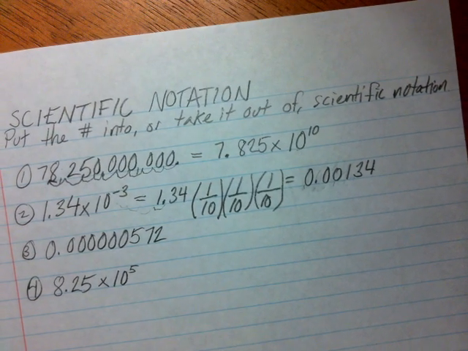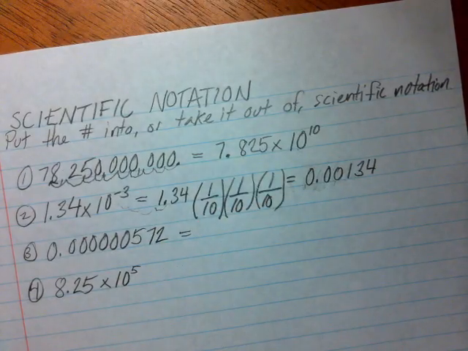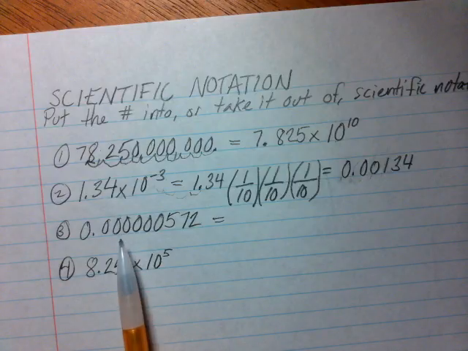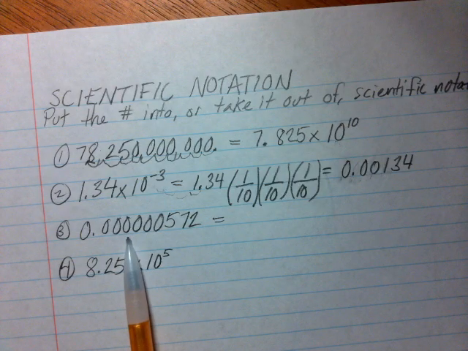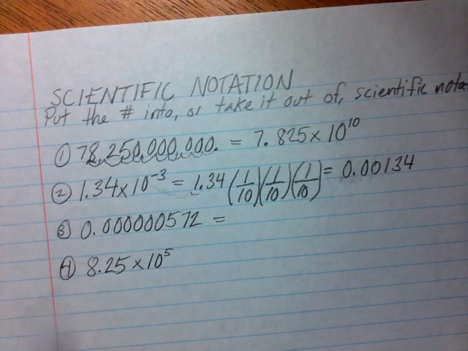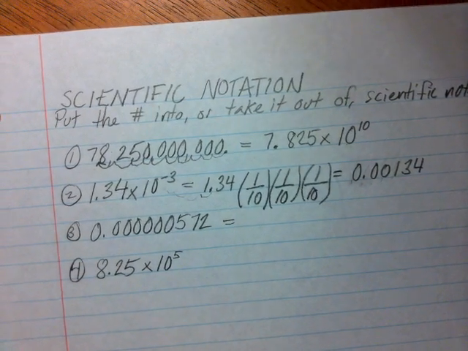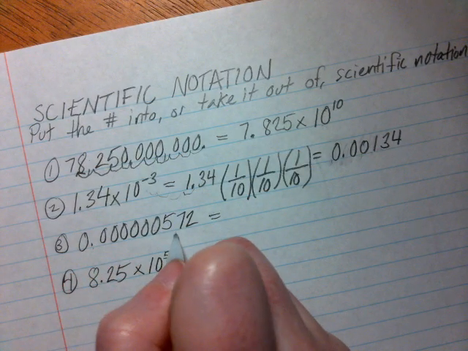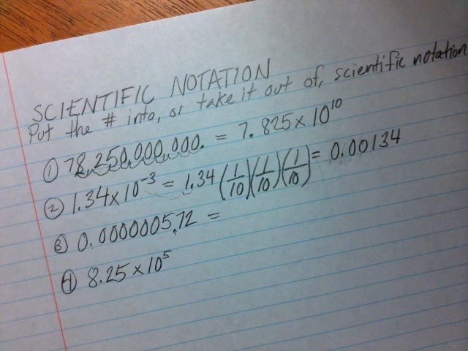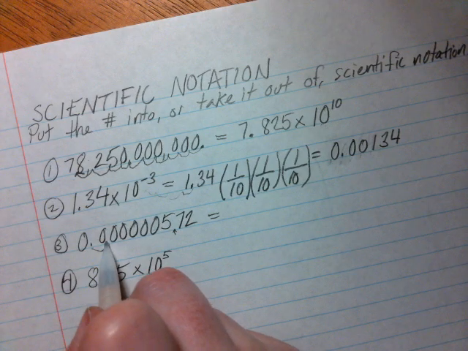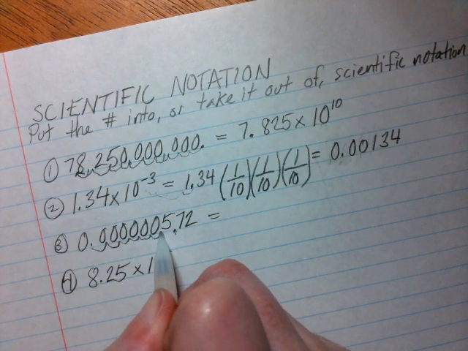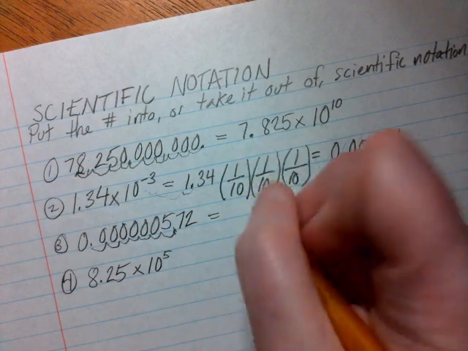Okay. So for the next one, I see that I have a really small number. So I can already tell this is going to need to be scientific notation with a negative exponent. And just let me count how many 1/10ths I would need. So to get the decimal over to here, which is where I want it, right after the first non-zero digit, I'll have to move it 1, 2, 3, 4, 5, 6, 7 times.